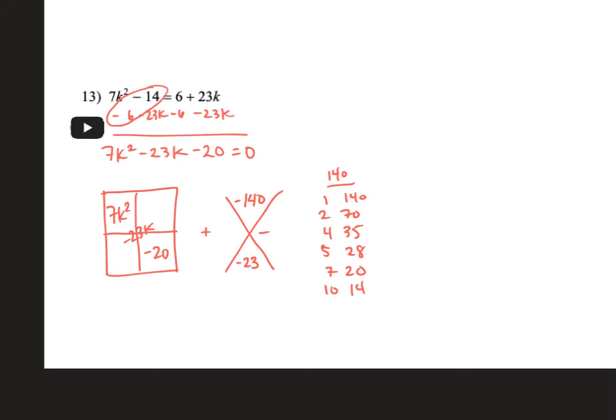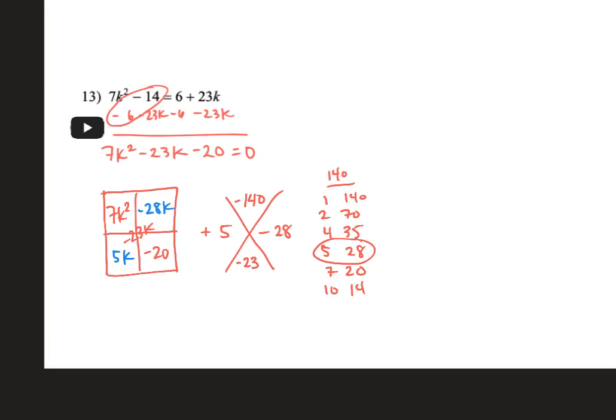Since one's positive and one's negative, we're looking for the pair that subtracts to make 23, and that's 5 and 28. 5 minus 28 is negative 23, which means 28 needs to be negative and the 5 needs to be positive. So now we have our pair: 5k and negative 28k.